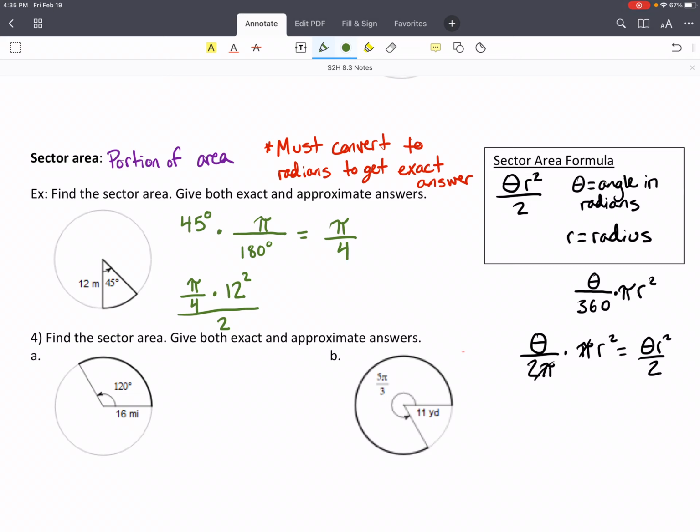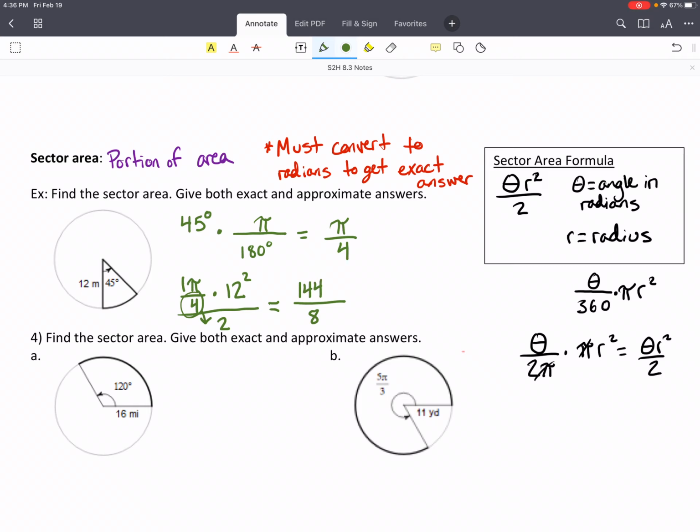You can just type that all into your calculator as it is. I would do 1 divided by 4 times 12 squared divided by 2. Multiplication and division are all commutative. If you wanted to simplify it this way, because it's division, divide by 4, divide by 2, that's the same as dividing by 8.